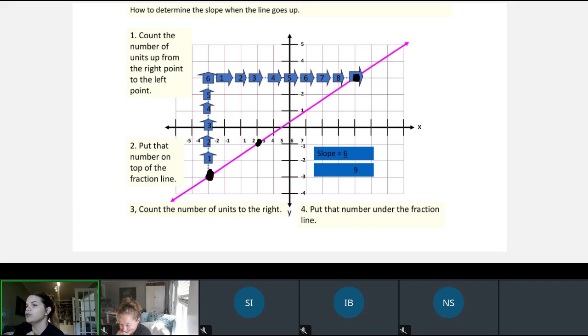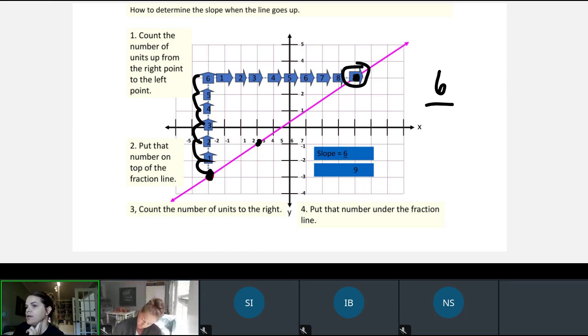First things first, we're going to start at our far left point on our graph. Graph is the pink line. We're going to count how many times we need to go up to be even with this point. So it'd be 1, 2, 3, 4, 5, 6. We're going to put that number on top of the fraction line.